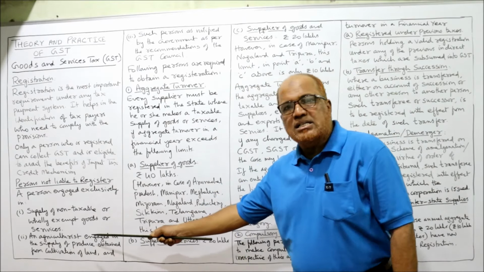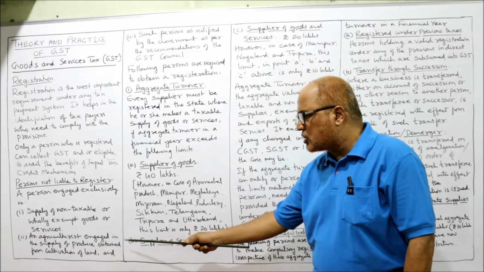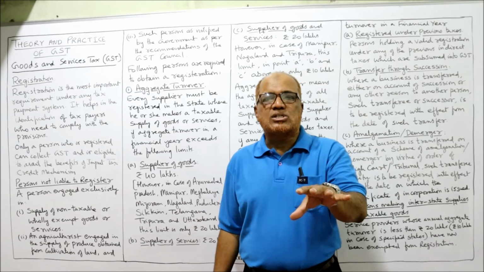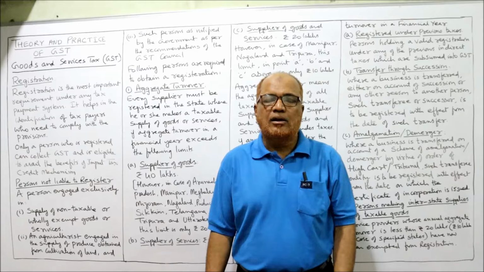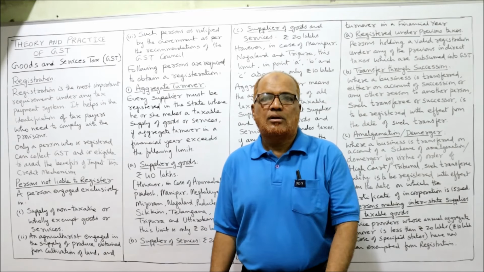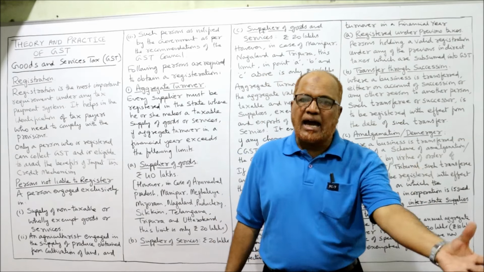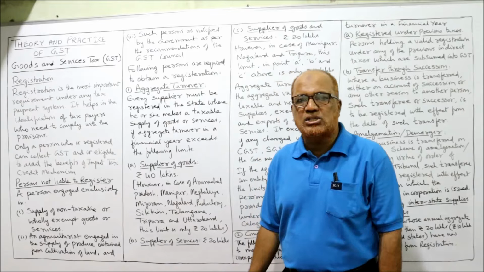Similarly, an agriculturist engaged in the supply of produce obtained from the cultivation of land. An agriculturist whose activity is mainly in the cultivation of land, growing the crops, is not required to get the business registered.